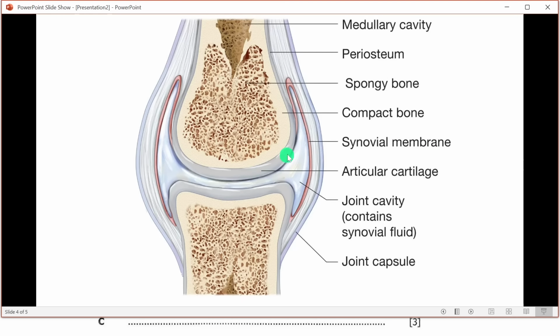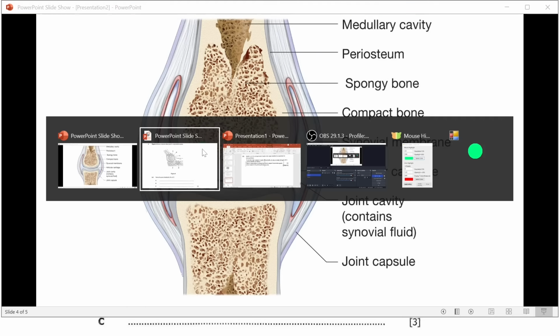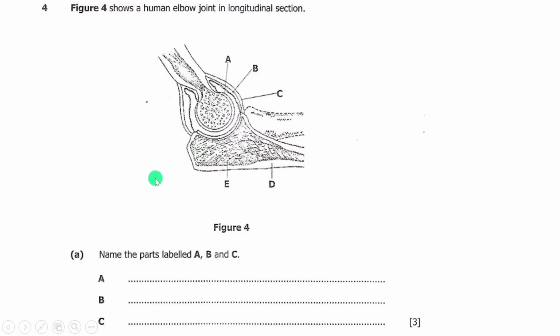Then you have this surface here, which is called articular cartilage. Then spongy bone. So basically, inside there you have a joint cavity which contains synovial fluid. So basically, this diagram is similar to this, though this was not well drawn.